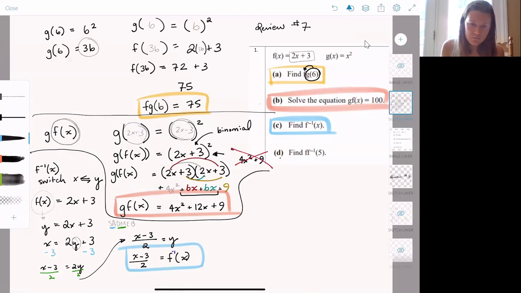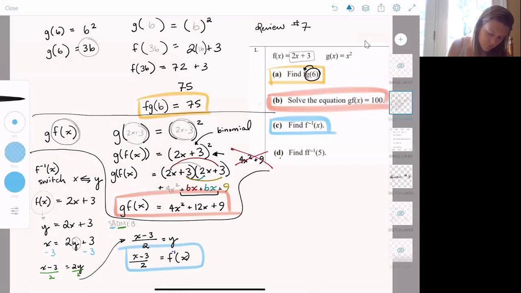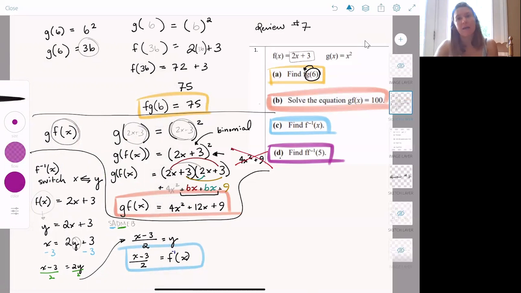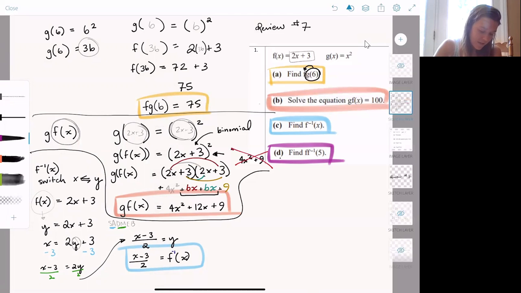Okay, great. So now what we want to do, change up our colors, keeping it weird. The inverse, oh my gosh, this is like crazy, right? So here, what it's asking us to do is it's saying, take that 5, put it into my inverse function of f, right? So yeah, we can take this.